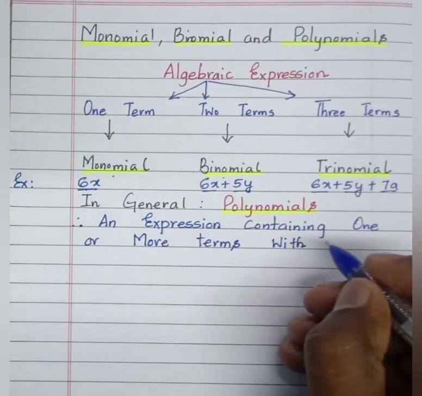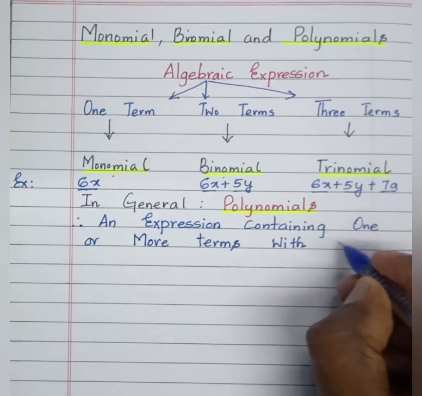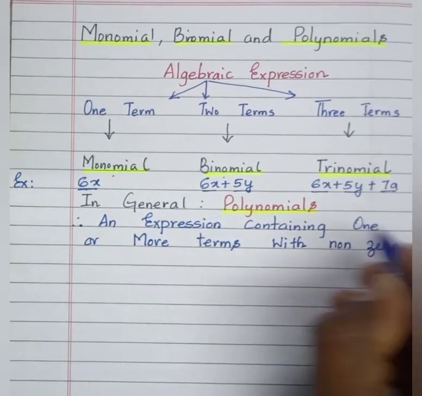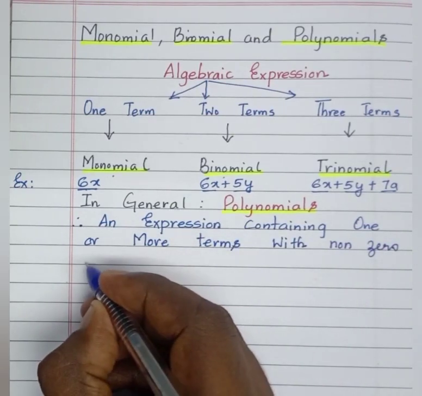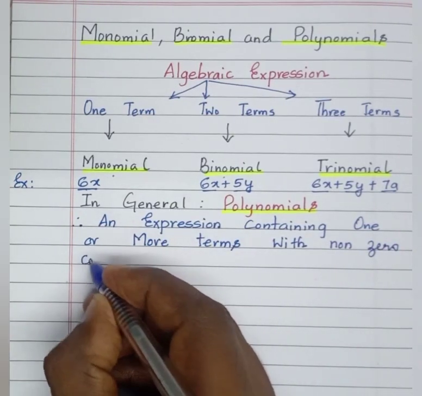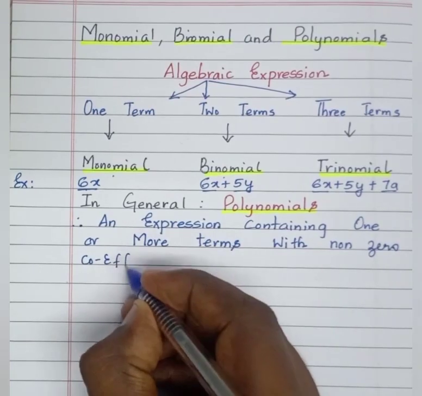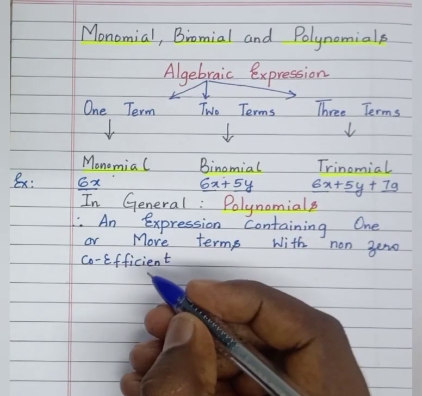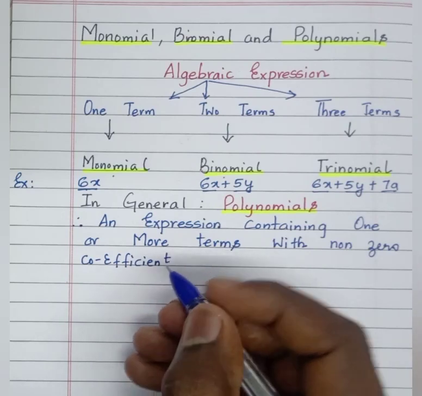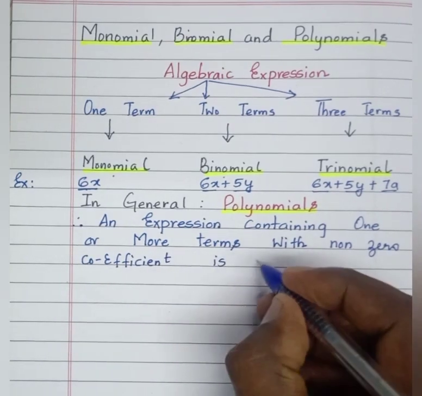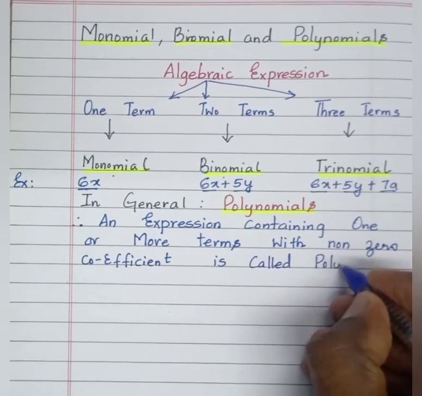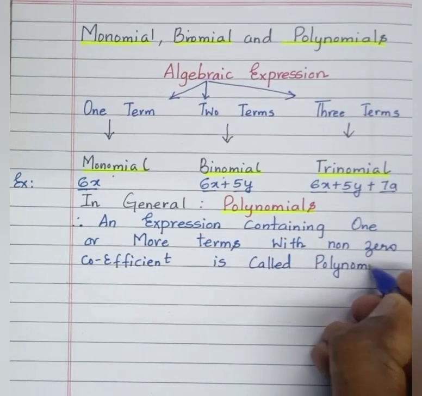It can be a monomial, binomial or trinomial or so on. Now we have a question: what do we mean by non-zero coefficient in the definition of polynomial?